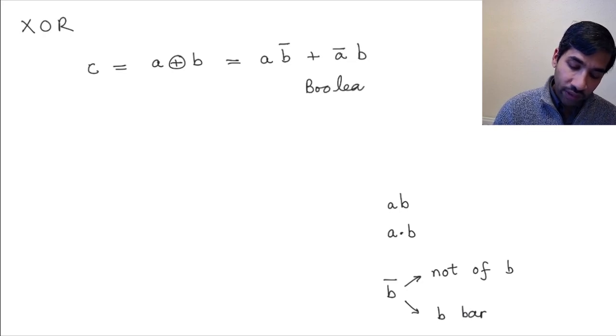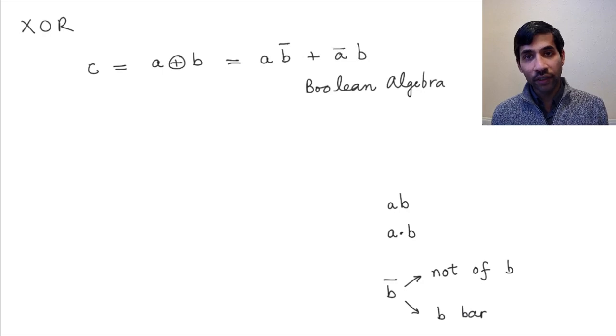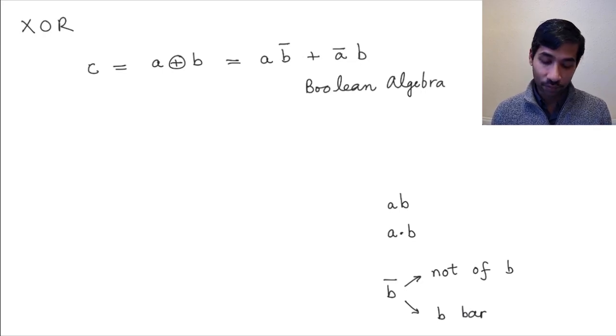The reason it's called Boolean is to denote that it is different from the algebra you do in your maths. This is Boolean algebra, which means the variables in this equation can only take two values, 0 and 1.